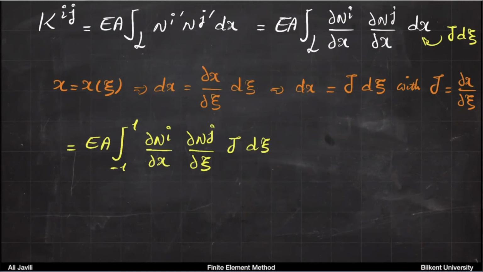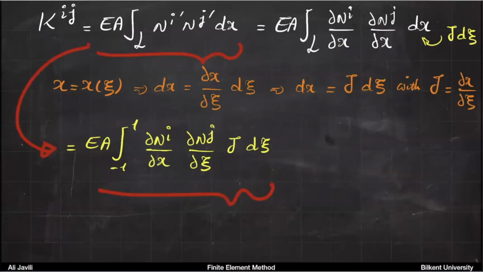Now here I am writing the derivatives like partial derivatives. Maybe you would say in 1D we don't need to call them partial derivatives, but because in 2D it gets more interesting and later we need them as partial derivatives, I keep them as partial derivatives here to see the unified format. Anyway, this integral in the physical space now transforms to this integral in the natural space. So this is natural and this was physical.